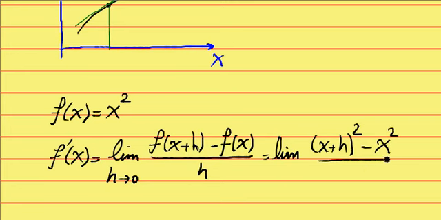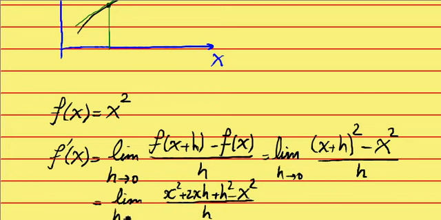and that is the limit of the numerator. You expand it and open it up, you get x squared plus 2xh plus h squared minus x squared over h as h goes to 0. I can go ahead and cancel these x squareds.